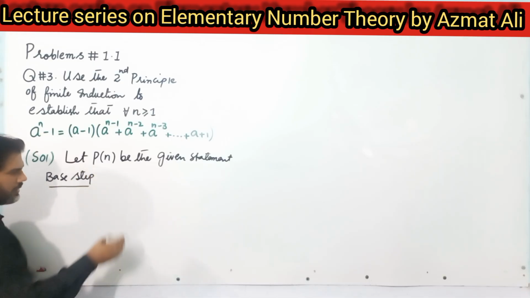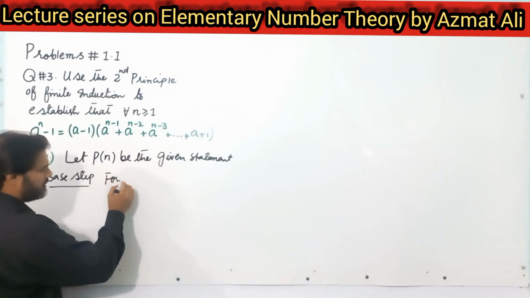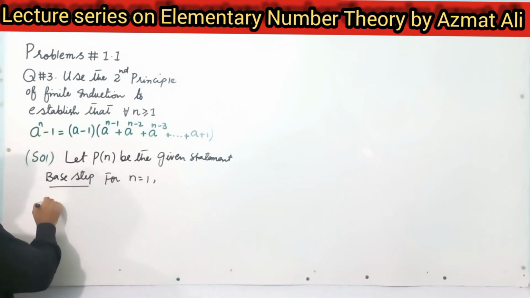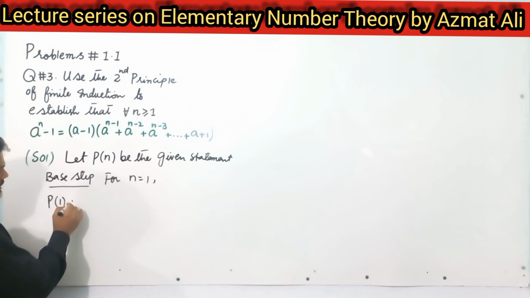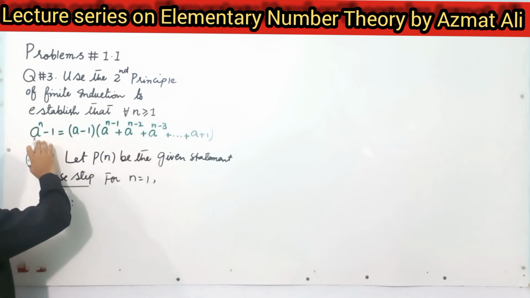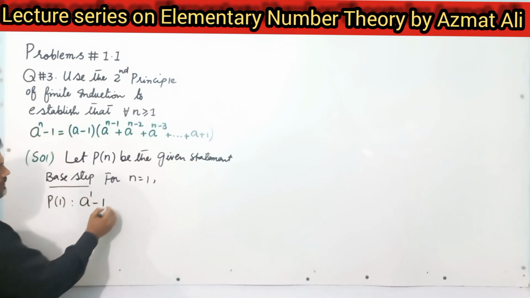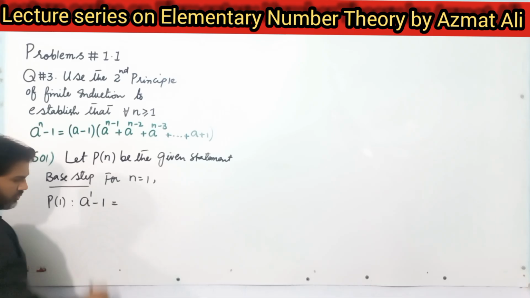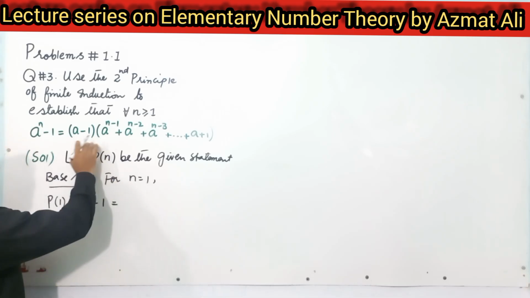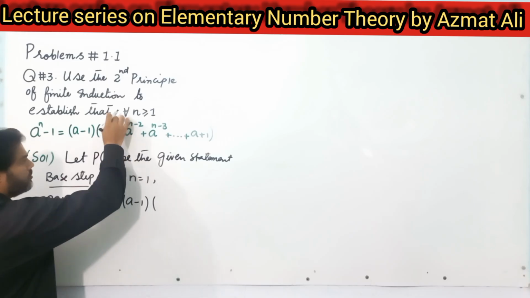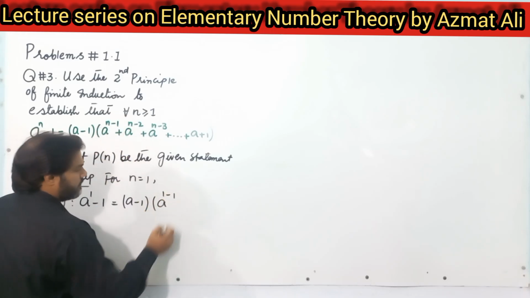In this step, we check the statement for n is equal to 1. Here, the statement for n is equal to 1 is P1, such that we put n is equal to 1 in the left hand side of the given expression. We have a raised to power 1 minus 1, and similarly when you put n is equal to 1 on the right side, you have a minus 1 into a raised to power 1 minus 1.